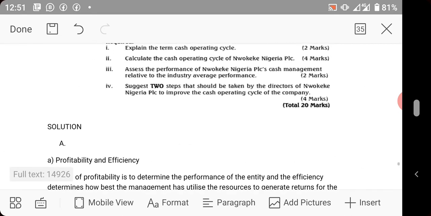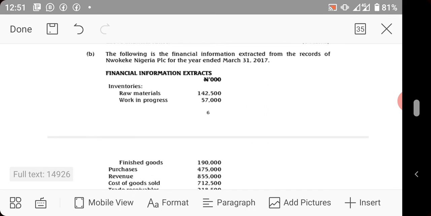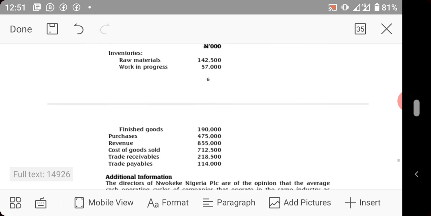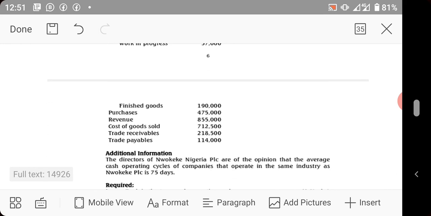So we'll move down to the next question, which is the B part. They said the following is the financial information extracted from the records of Nwokeke Nigerian PLC for the year ended 31st March 2017. So we have inventories, raw materials, work in progress, finished goods, purchases, revenue, cost of goods sold, trade receivables, trade payables.